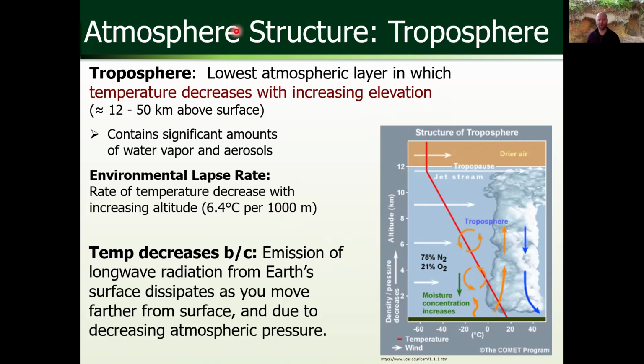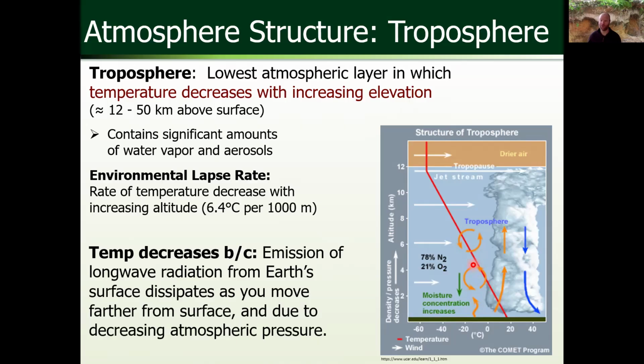So we have the lowest atmospheric layer, in which temperature is decreasing with increasing altitude. So here temperature is getting colder and colder and colder as we go up and up and up with elevation. And that really largely happens because literally we're getting further and further away from Earth's surface, which is literally emitting longwave radiation.